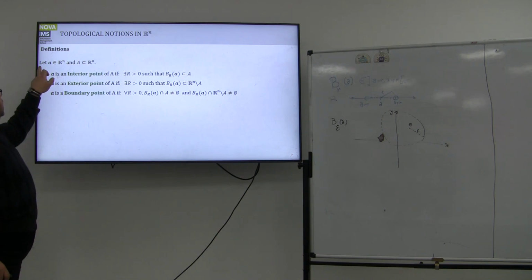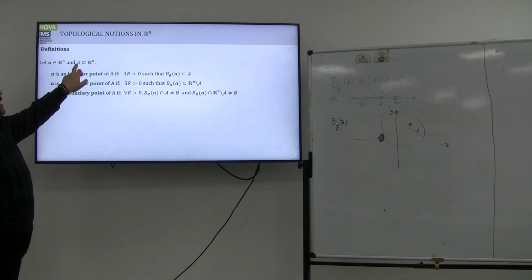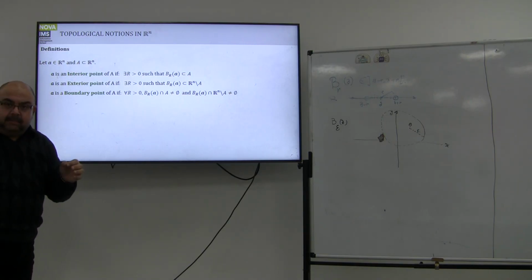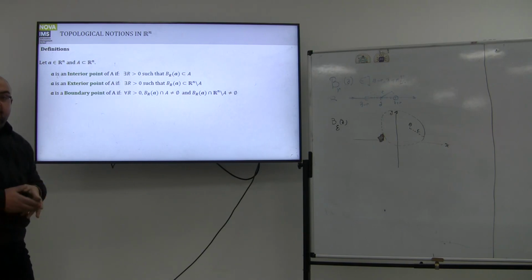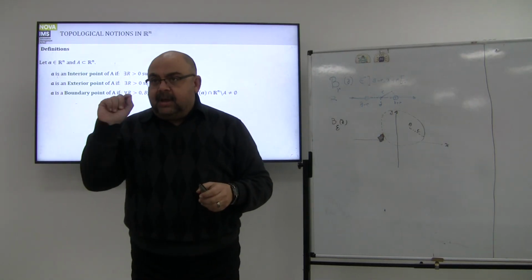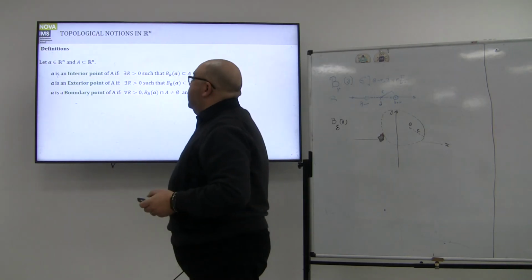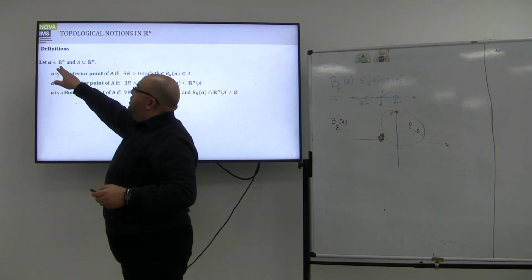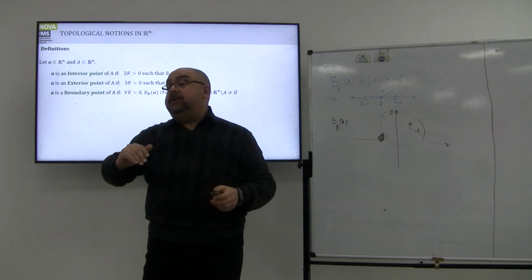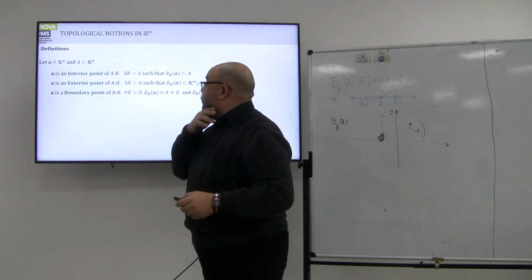So now let a belong to Rn. So a is a point that belongs to the set Rn, and A is a set that belongs to Rn. So now I'm defining two things: a point and a set. The point and the set are both in Rn, so it could be in R or in R2 or in R3, as we saw in the previous lecture.